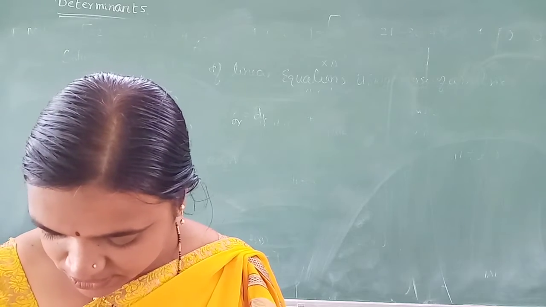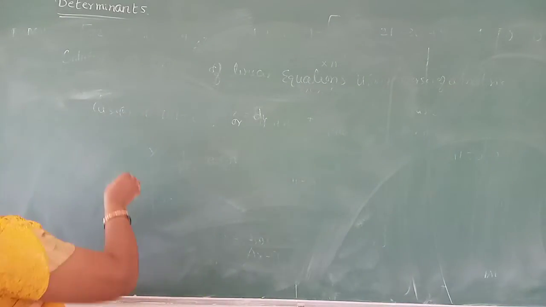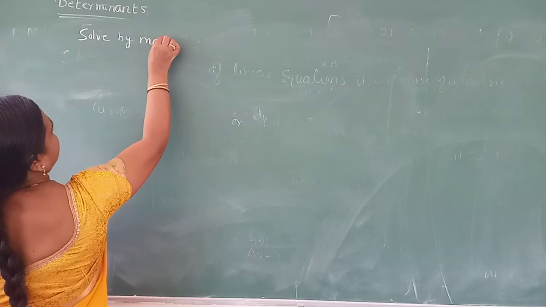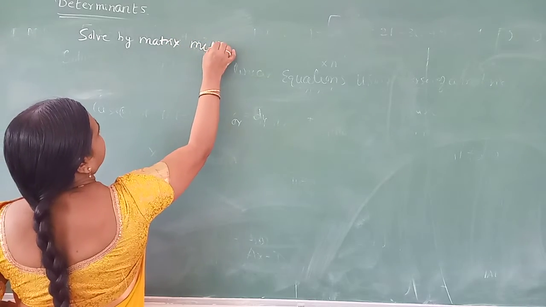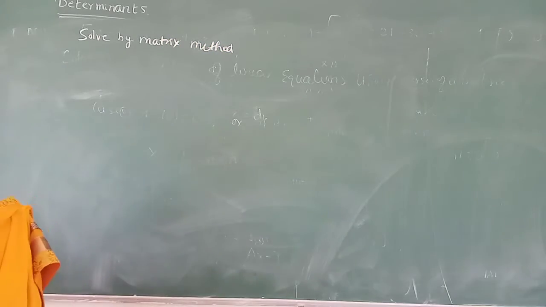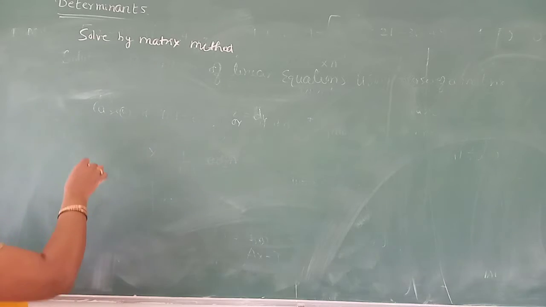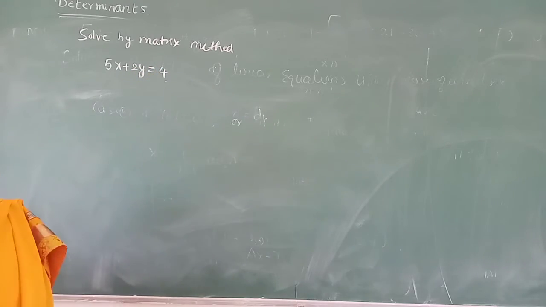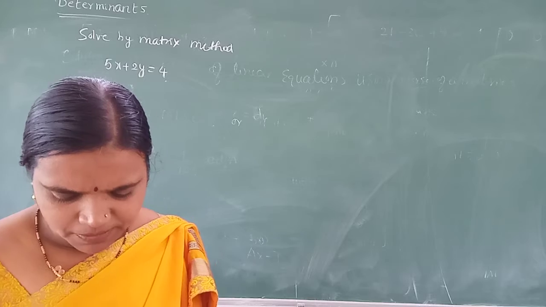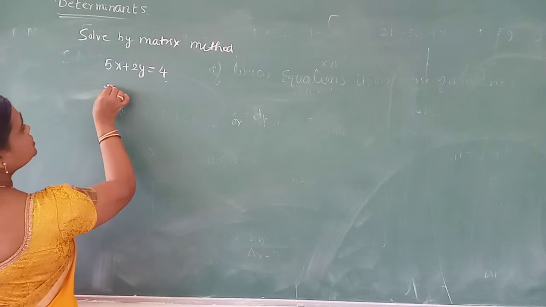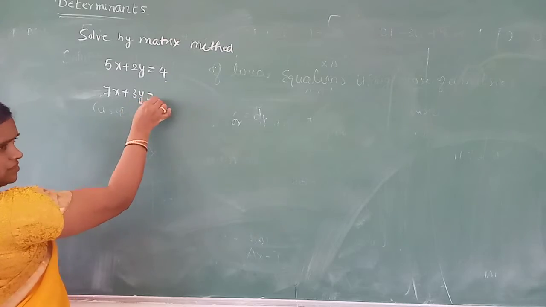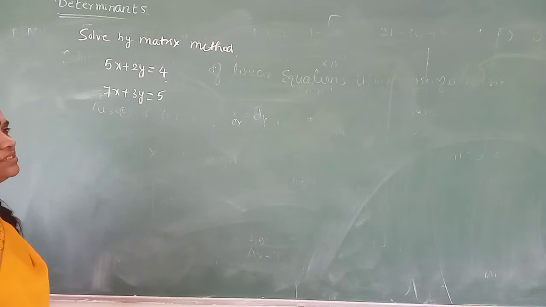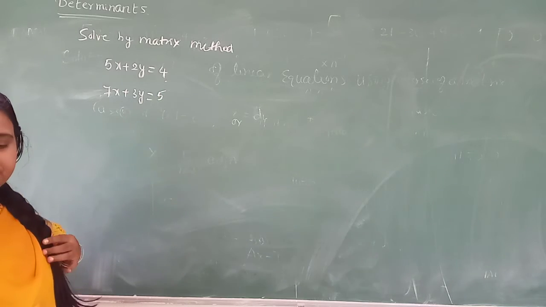Given: solve by matrix method. 5x plus 2y equals 4, 7x plus 3y equals 5.